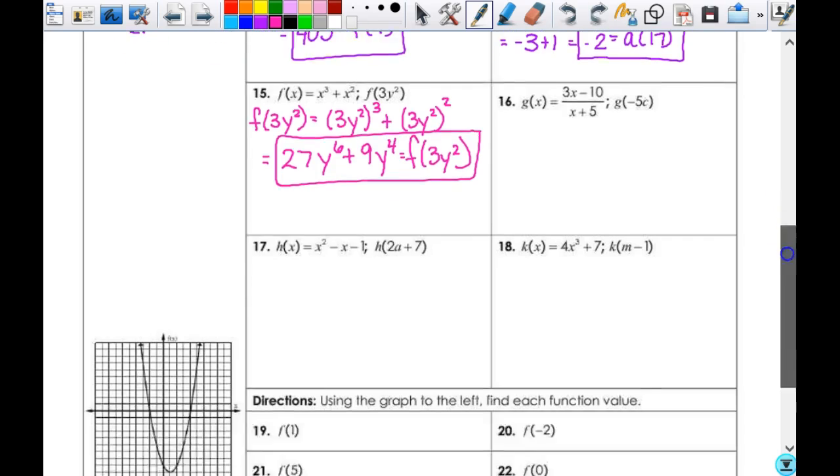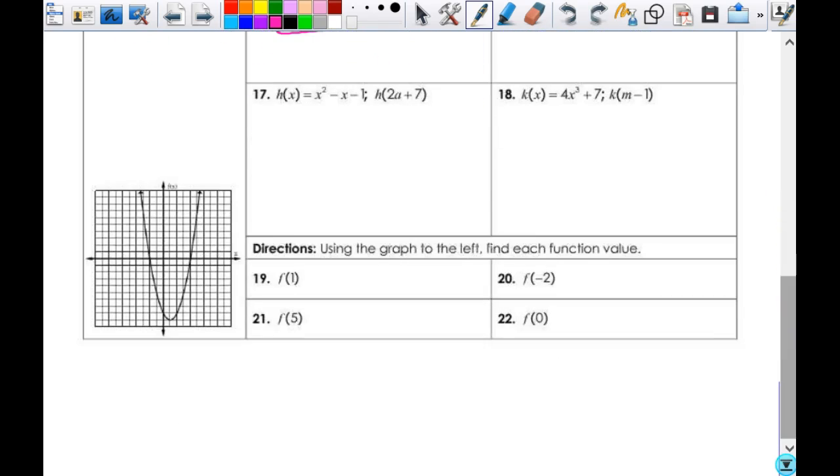So let's jump down here real quick. This says, using the graph to the left, find each function value. When it's asking you for the function value, what do you think it's asking you for? Well, we've got f, it's giving me f of 1, right? So it actually does not want the ordered pair, it just wants the y. Does that make sense?